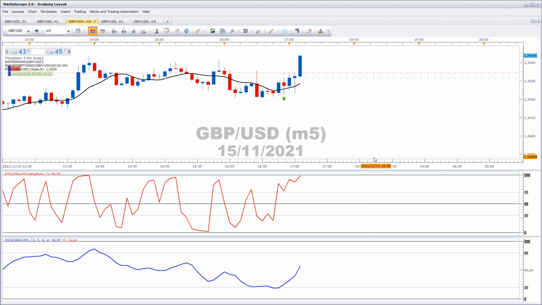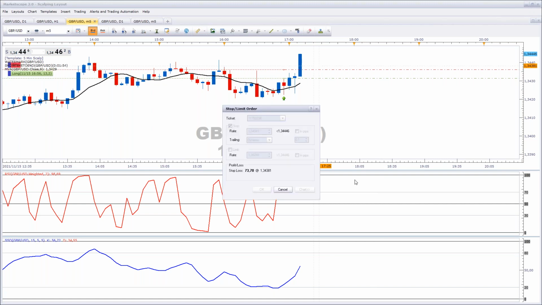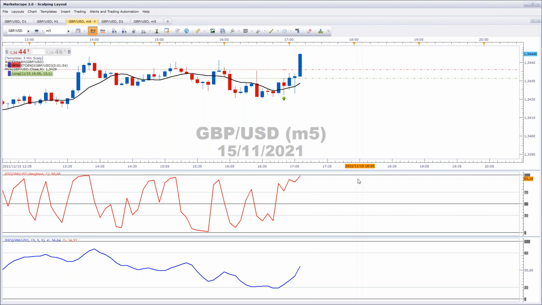Okay, there's the breakout. Okay, we're 13 in. I'm going to just capture a bit more. So we're getting the stochastic moving now.